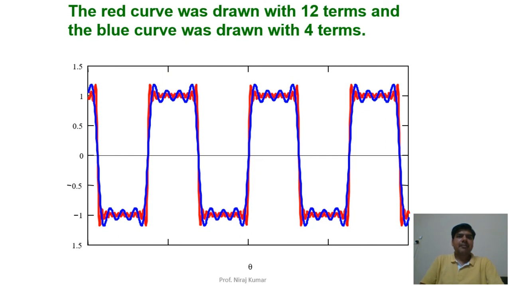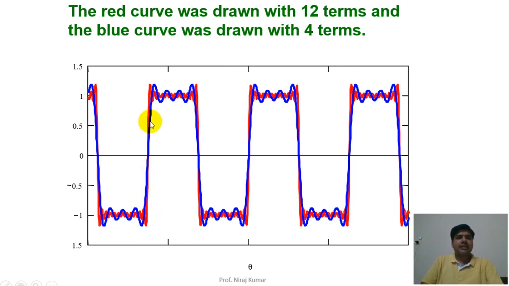So this is a comparison between 4 terms and 12 terms. What we can observe is the ripple width is decreasing as the number of terms increases. Also, the line is aligned towards the y-axis.